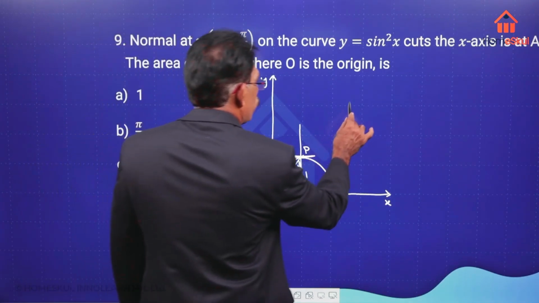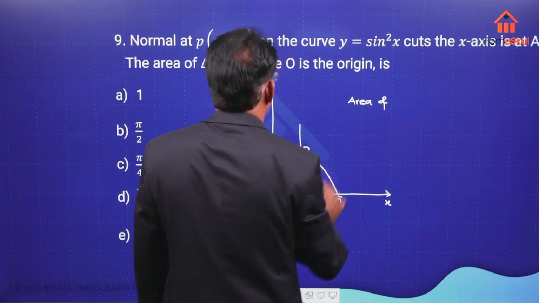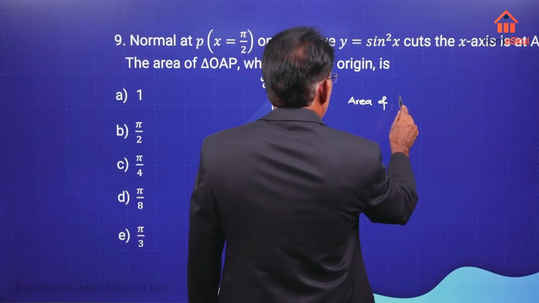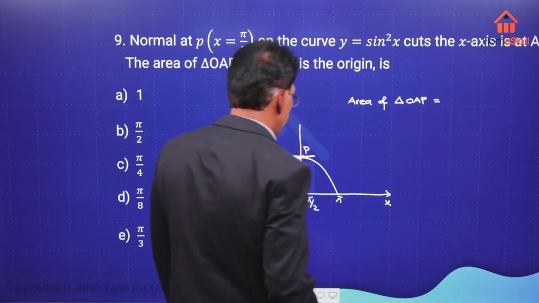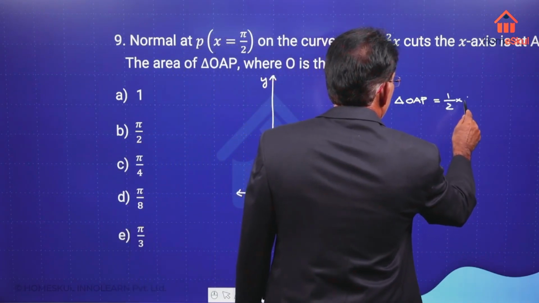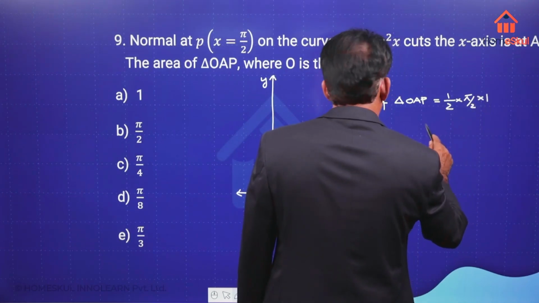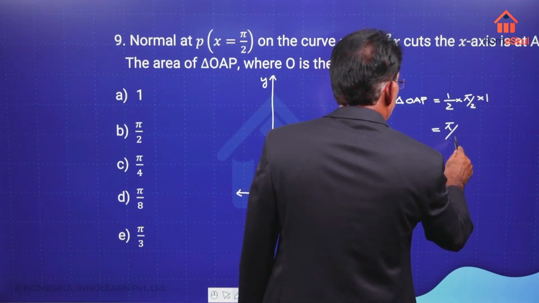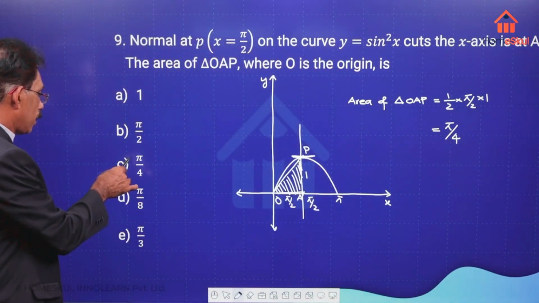The area of triangle OAP is equal to 1 by 2 into pi by 2 into 1. So the answer is pi by 4. C is the correct answer.